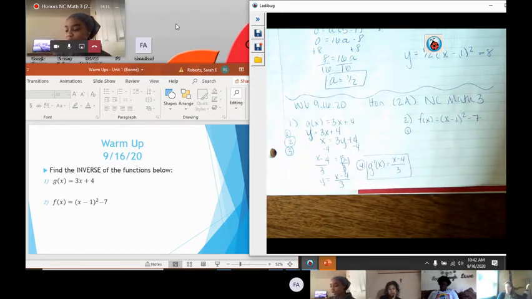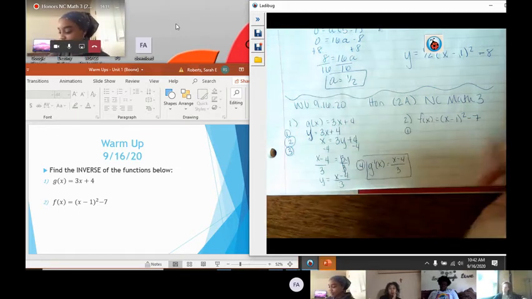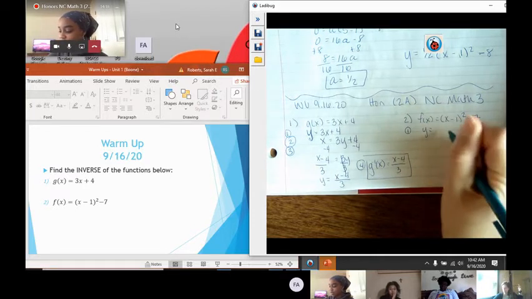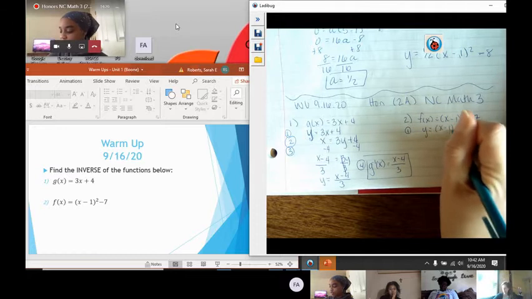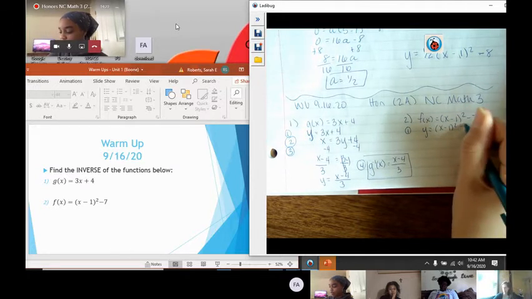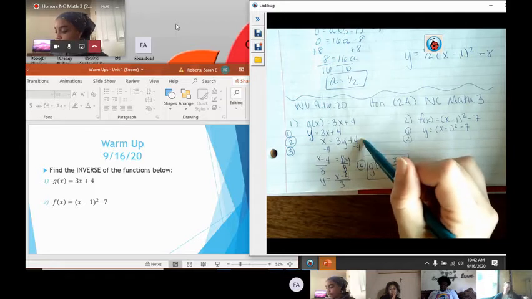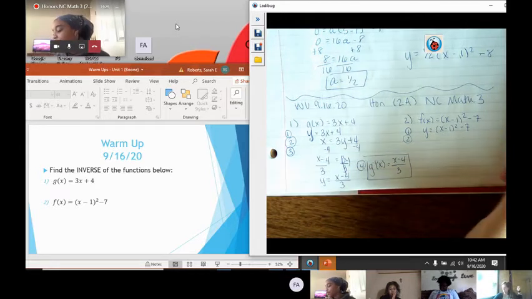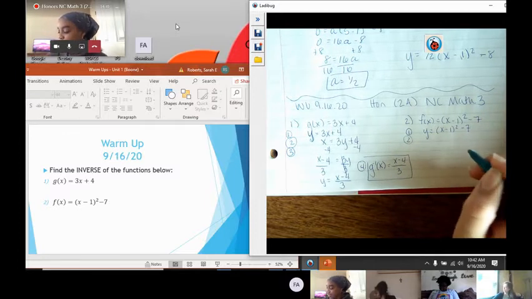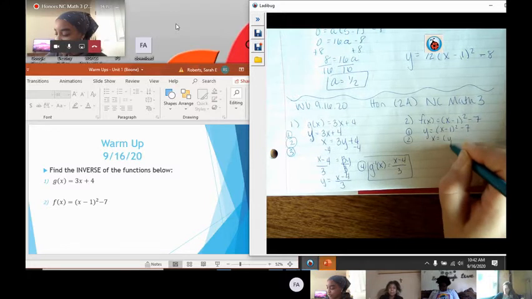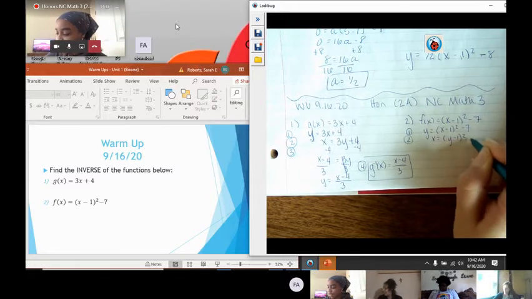You changed it to y. Yeah, so what should I write here? Y equals x minus 1 to the second power minus 7. Perfect. And then in step 2, what changed from here to there? The x and the y. Yeah. So what do I write? X equals y minus 1 to the second power minus 7.